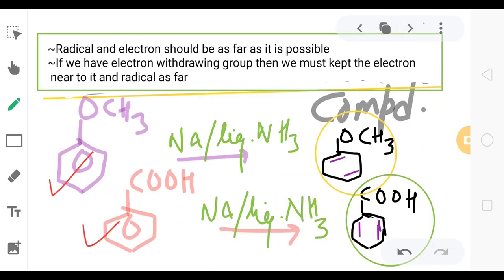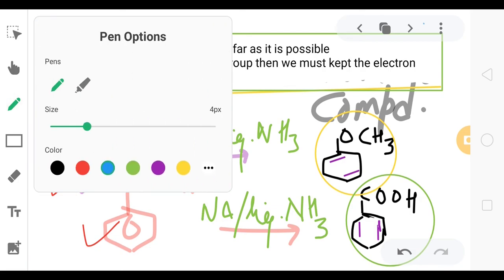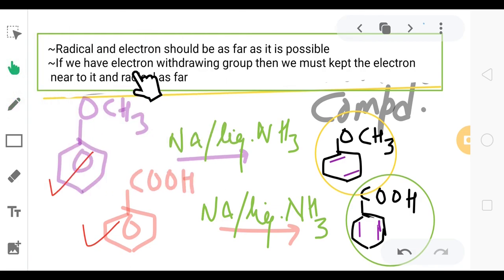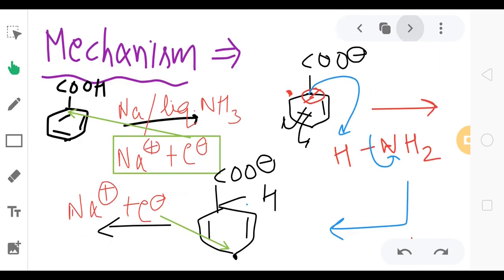Just to remind you what I told you: you have to see the electron withdrawing group that you have in your molecule, because overall you have to stabilize the electron density, that is, the negative charge. Electron withdrawing groups stabilize the negative charge.